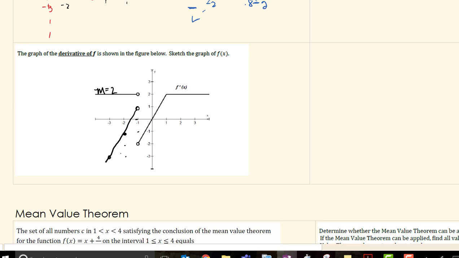Next right here, we have a slope of 0, so it has to have a flat point, and I'm just going to go through the point (0, 0). Then we have a negative slope and positive slope. This is probably going to be a parabola because this is linear. So some sort of parabola.